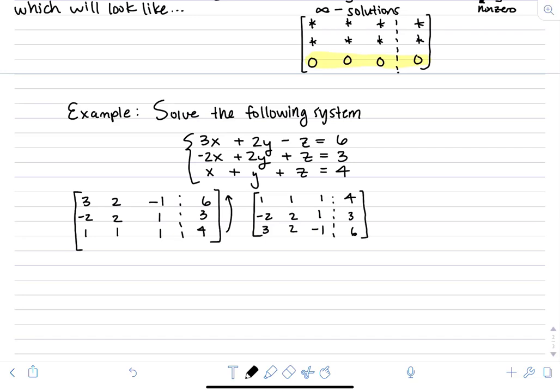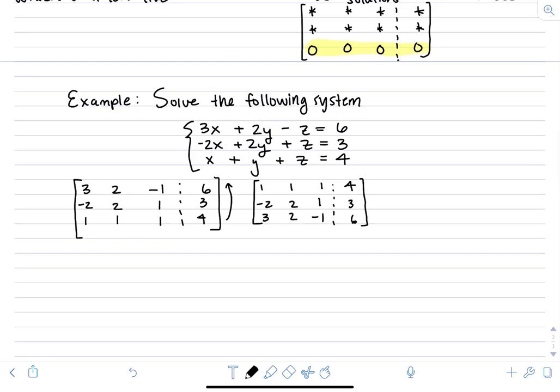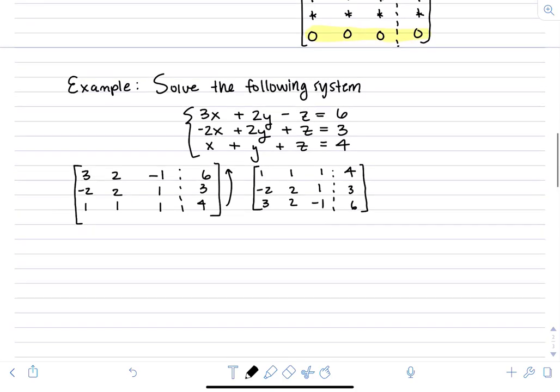Okay, so same system. Now what I'm going to do is start trying to eliminate entries to get as many zeros on the off diagonal as I can. And I'm going to be really systematic about the order. So let's highlight the order we're going to do this. We're going to go first getting rid of this negative 2 and 3. And to get rid of them, we're going to use this 1.